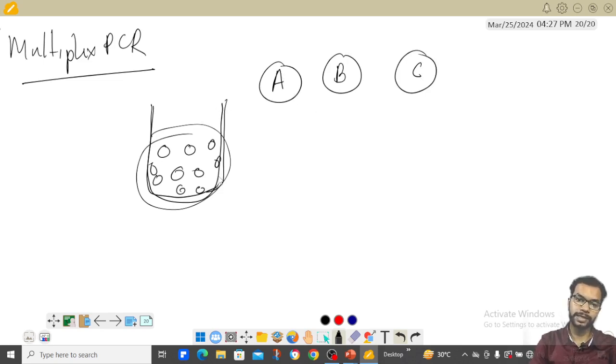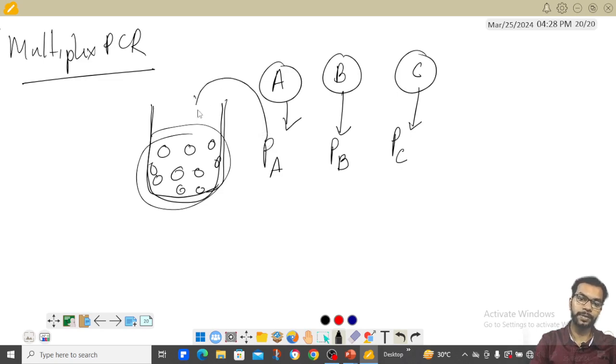we will synthesize primer for gene segment A, primer for gene segment B, and we will also synthesize primer for gene segment C. Then we will add these primers in these PCR tubes.